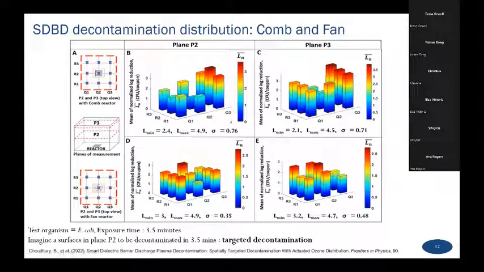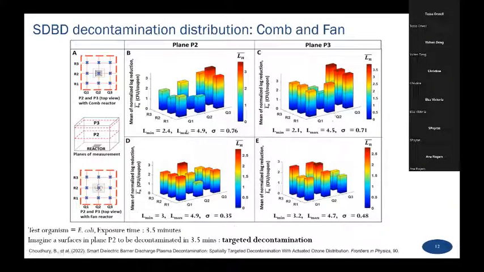But for now, what we can see here is a biased distribution. Same thing goes for plane P3, which is caused by the comb reactor. The decontamination here is also biased, but a little more uniform compared to P2, which can be attributed to the effect of the chamber walls, especially the roof of the chamber, helping the flow to distribute more evenly in that plane.